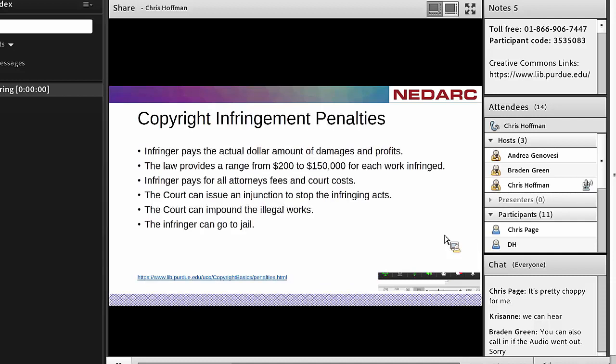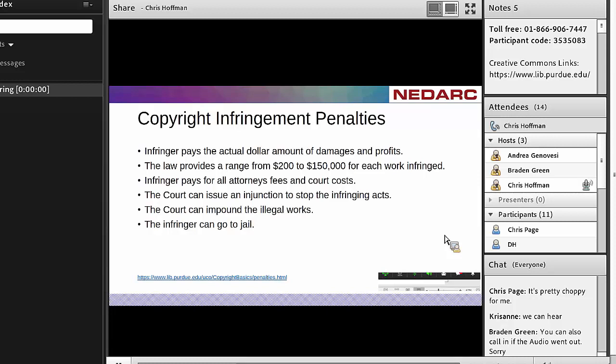So what happens if you are caught breaking copyright? Copyright is taken care of under civil law, so it's not a criminal thing unless the violations exceed an amount of money. The second point on here says that the law provides a range from $200 to $150,000 for each work infringed.